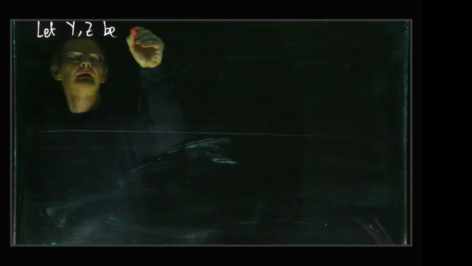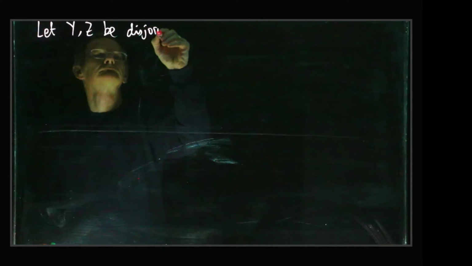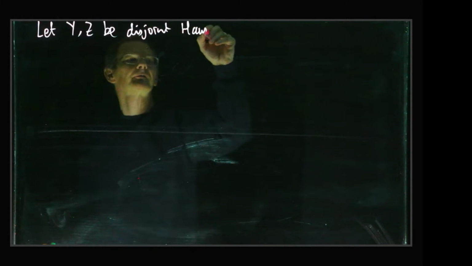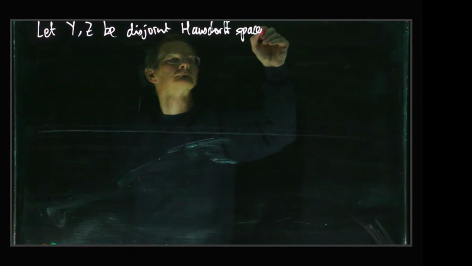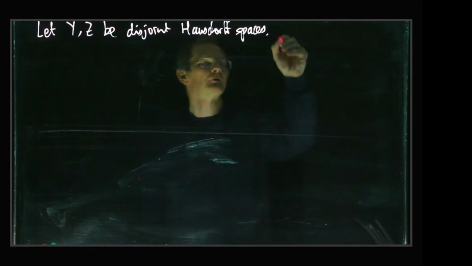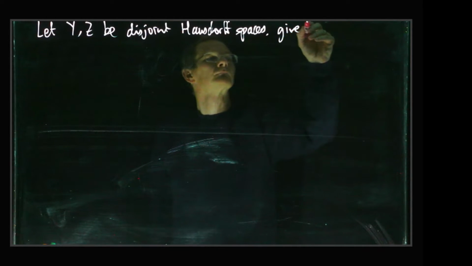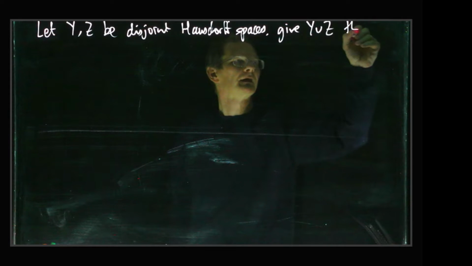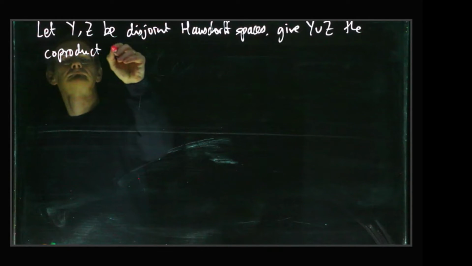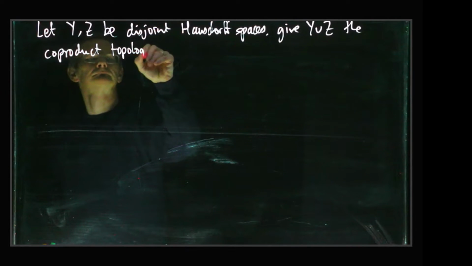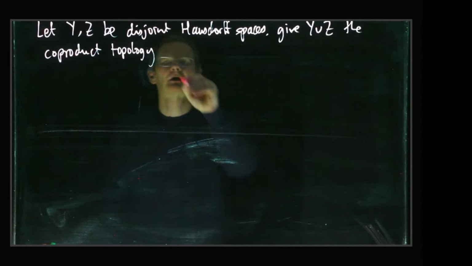Okay, so now let's consider the coproduct topology. Let Y and Z be disjoint Hausdorff spaces, and we give the union Y union Z the coproduct topology. Let's recall how that goes.